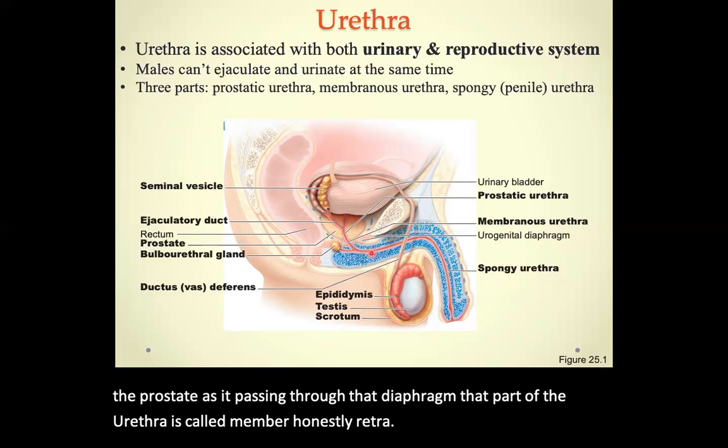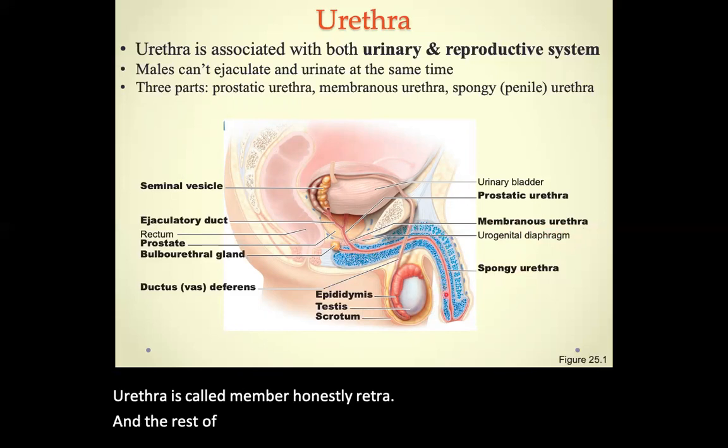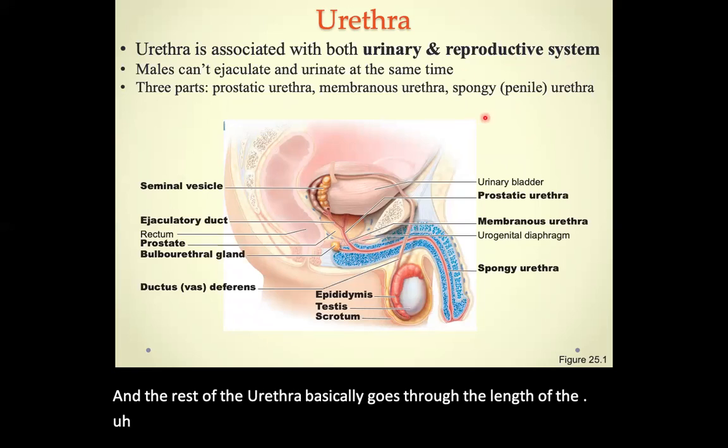And the rest of the urethra basically goes through the length of the penis. So it is referred to as either penile urethra or spongy urethra. The word spongy urethra will become clear as we talk about the erectile tissue of the penis in a few minutes.